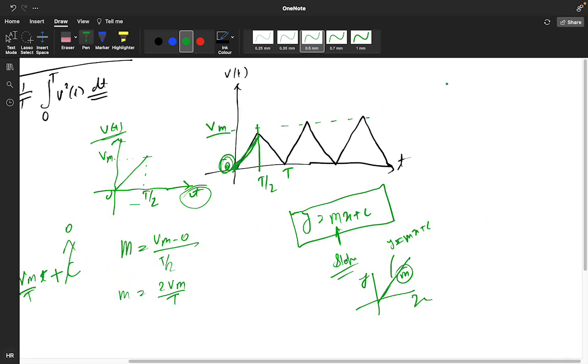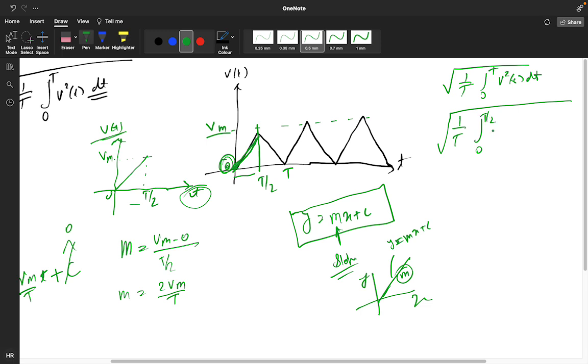Now substitute in this equation: 1 by T, 0 to T, v square of t into dt. So root under 1 by T, 0 to T by 2.